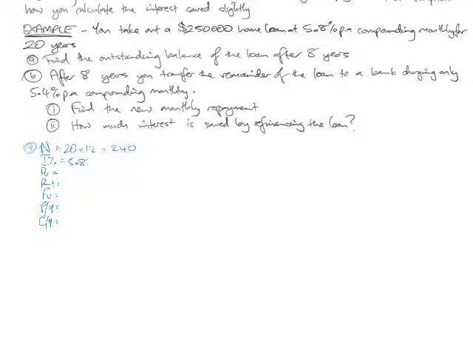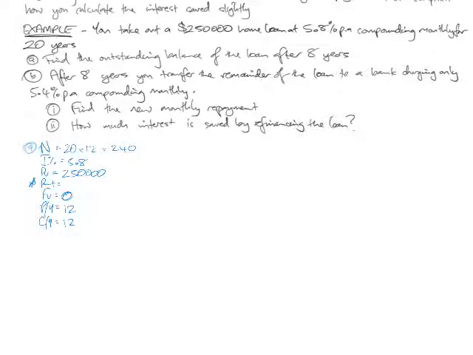PV, you're being given the money for the loan, so positive 250,000. We're trying to work out what the base repayments are. FV is 0, you're taking out a loan, you're paying it back, so you don't want to have anything left outstanding. And payments per year and compounding per year, 12.